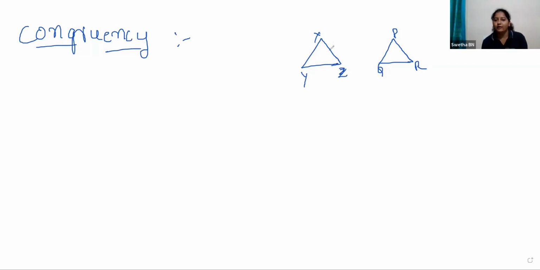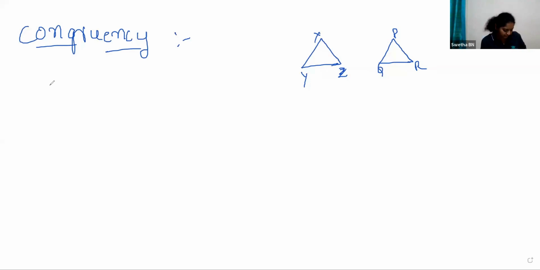If all the sides and all the angles of one triangle are equal to all the sides and angles of another triangle, okay, corresponding sides and corresponding angles are equal, then the two triangles are said to be congruent triangles. Okay, and here, did you understand?